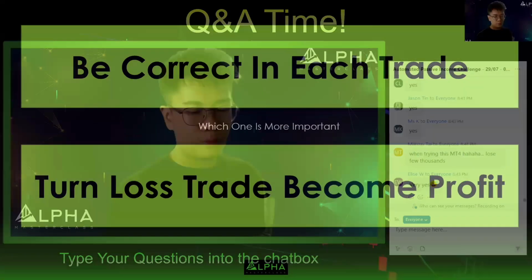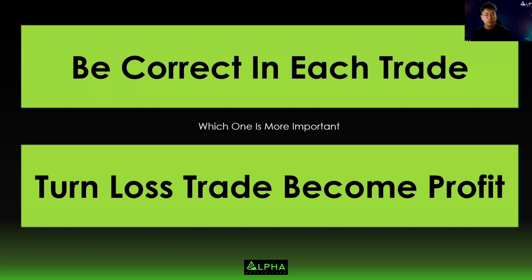Alright, so over here, let's come to the next question. Which one do you think is more important to you? Being correct in each trade that you executed, or having the ability to turn the loss into profits? Which one is more important to you? Now, my thought is, number one, you must be correct in each trade first.